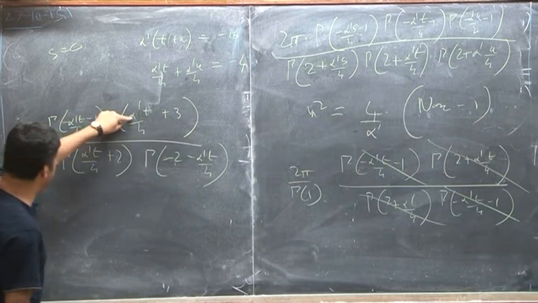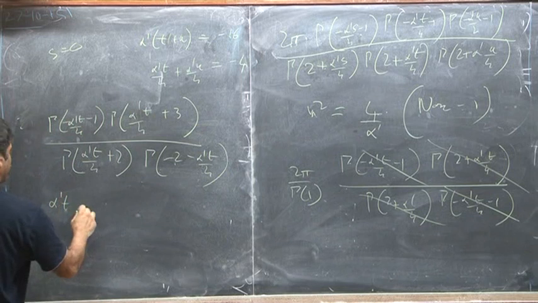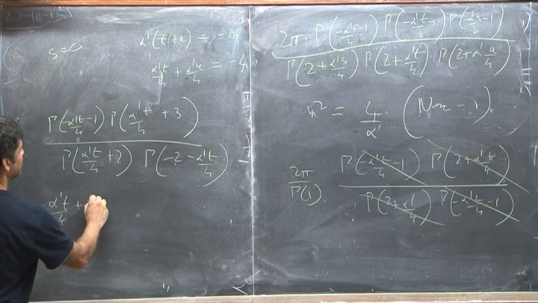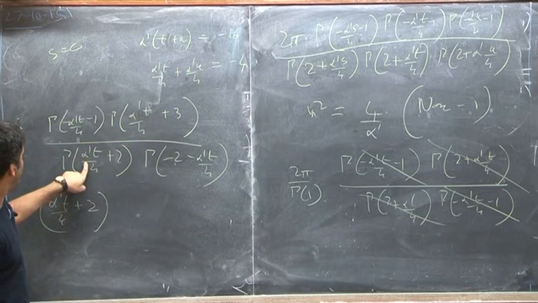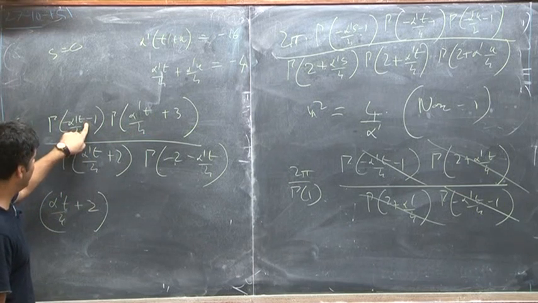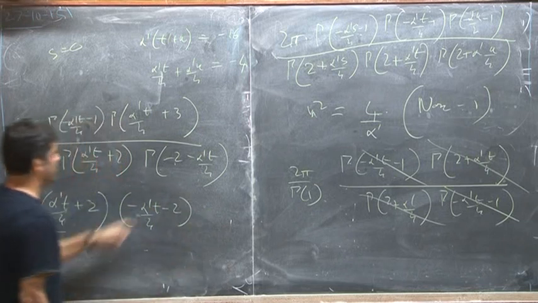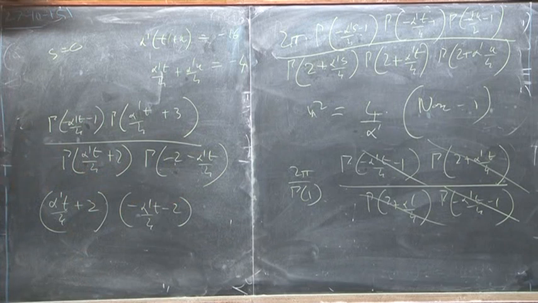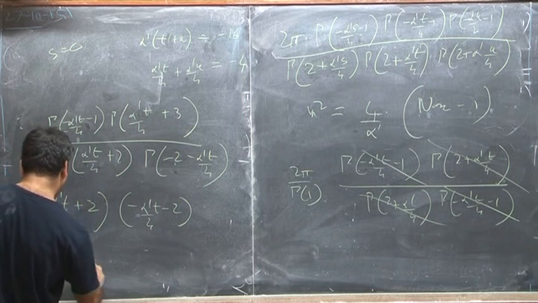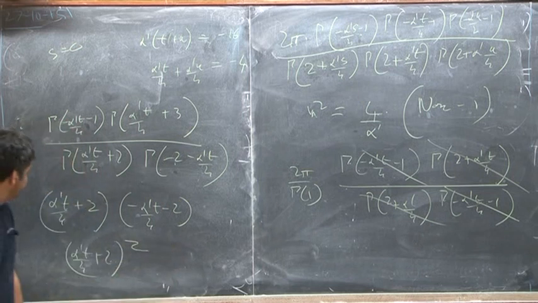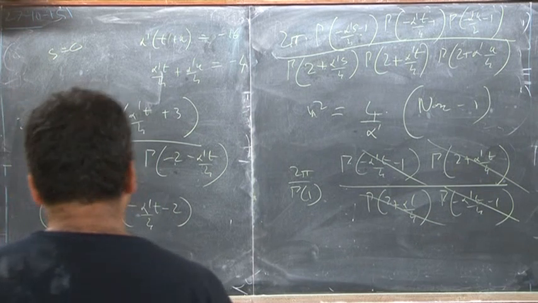So, now let's look at this divided by this using the formula for the gamma function. This is gamma of alpha prime t by 4 plus 2 in the numerator times the gamma that cancels this. And this guy is minus alpha prime t by 4 minus 2 times the gamma that cancels this. And so what we get is alpha prime t by 4 plus 2, the whole thing squared, up to some sign.